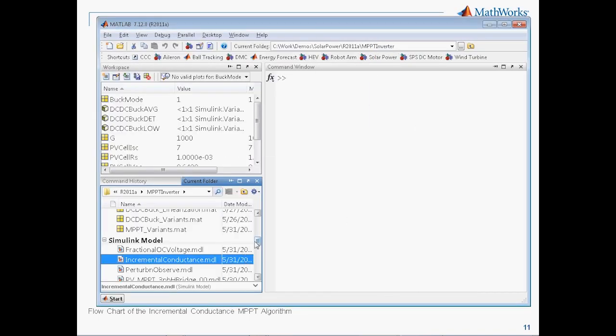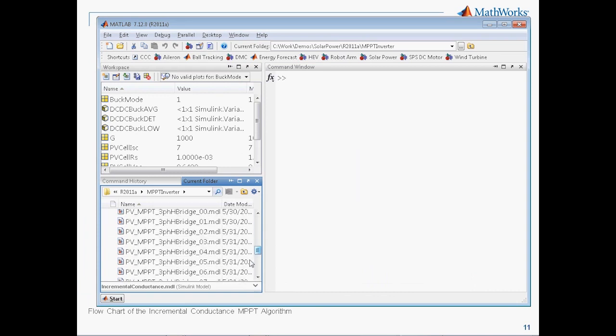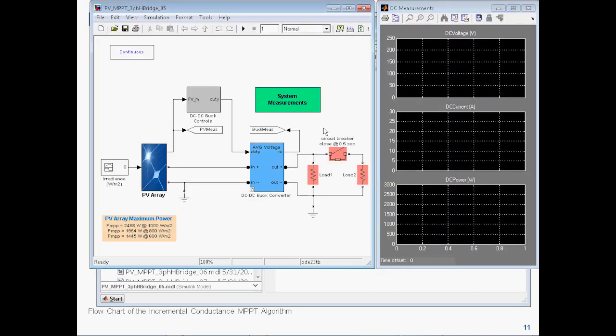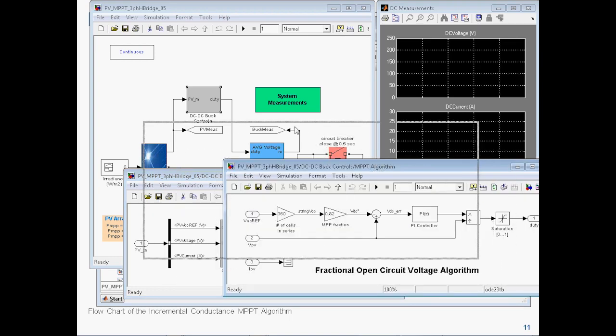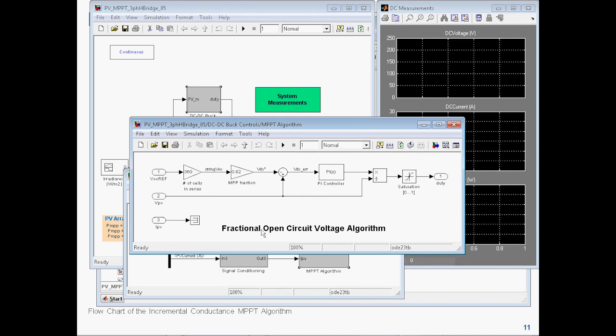I have a third one, but what I'm going to do is open this model here. Here I have my converter and my controller. My controller, which is implementing the MPPT algorithm, is measuring the voltage and current, and I have a reference voltage. This algorithm is called the fractional open circuit voltage algorithm, which is based on the principle that the actual maximum power point voltage is always close to a constant fraction of the open circuit voltage.